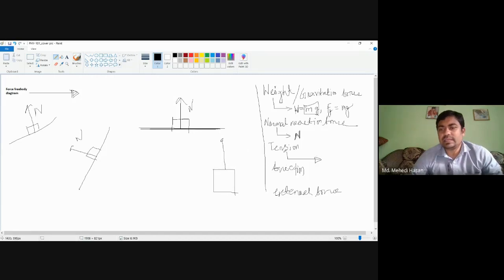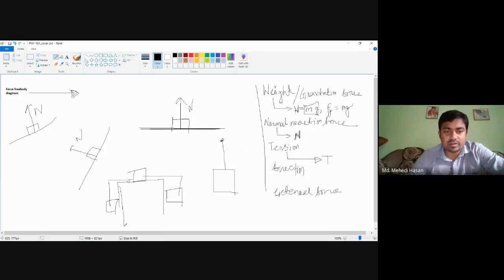Now, in the case of tension, tension is present when we suspend an object, and it is denoted by T. A suspended object hangs by a string, or we attach another object with a string. Say there is an object on a table, and here is a pulley.